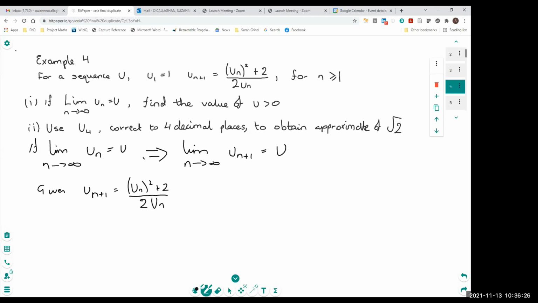So what we do is, we get the limit of both sides.